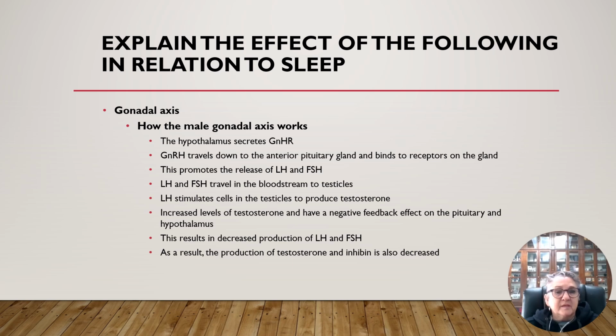LH stimulates the cells of the testicles to produce testosterone, and increased levels of testosterone have a negative feedback effect on the pituitary and hypothalamus. This results in the decrease of LH and FSH. As a result, the production of testosterone and inhibin is decreased.